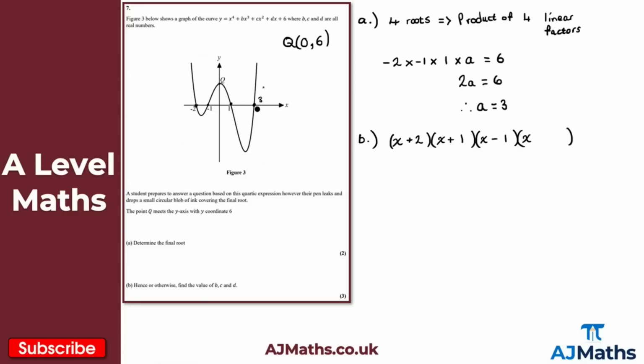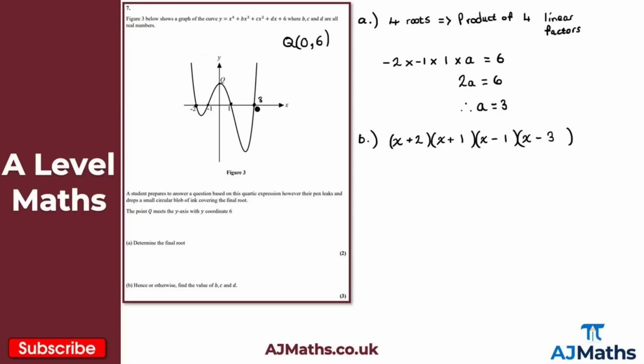And finally, the last root of 3 would be x minus 3. So all we're going to do to find the values of B, C, and D is simply expand these 4 brackets. It's completely up to you what order and method you use, whether FOIL, a grid method, anything like that.